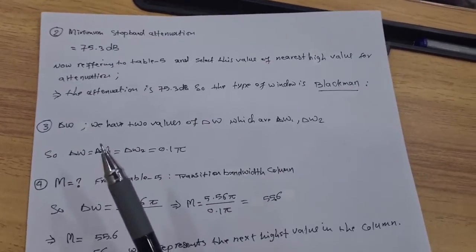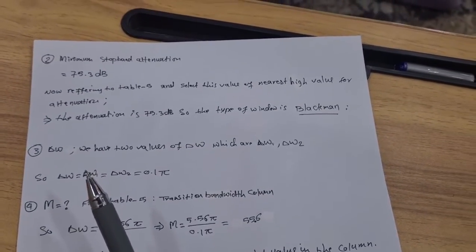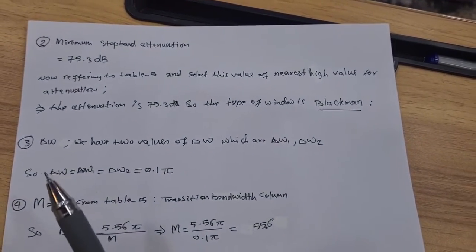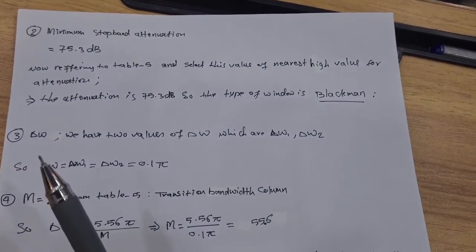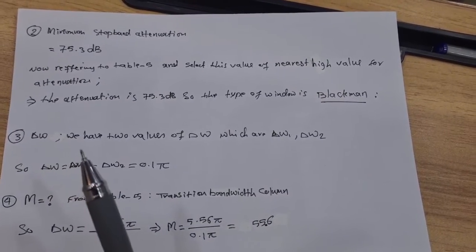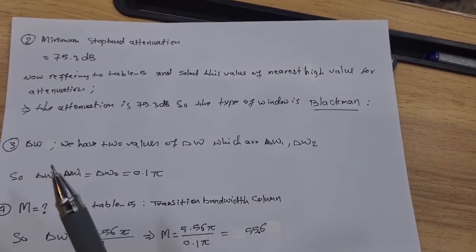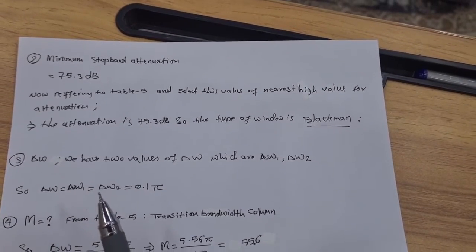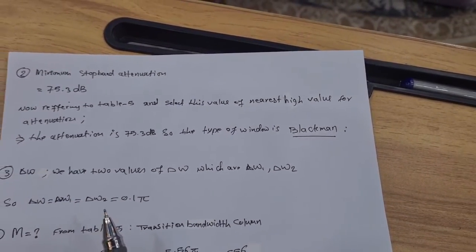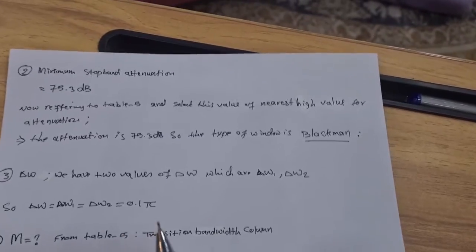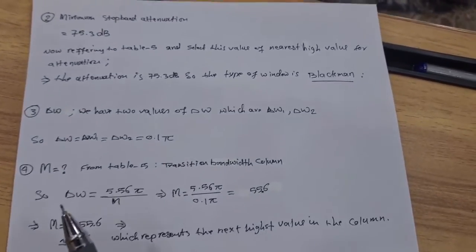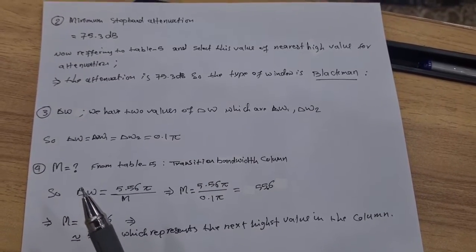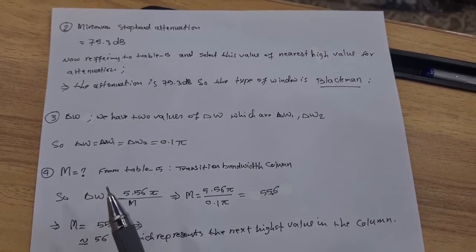The third step is how to pick up the delta W, as we made before. Delta W1 equals delta W2, which is 0.1 pi. How can we get M, which is related to the transition bandwidth?